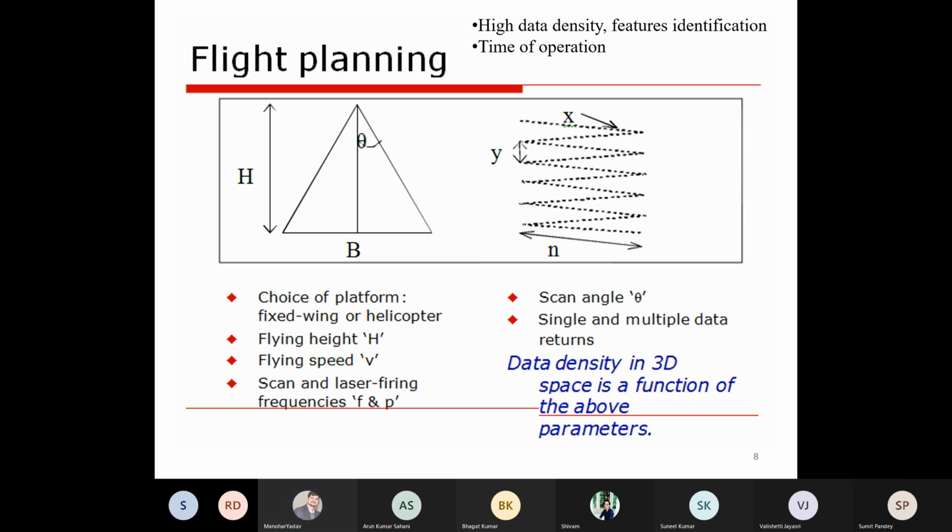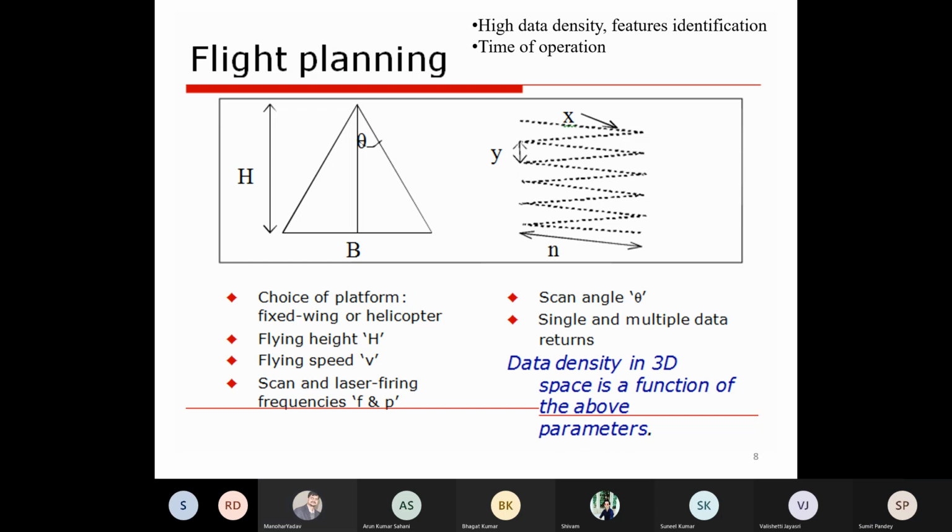If you remember the formula for line density along the scan line, it is derived as number of points per scan line divided by scan rate. Am I correct? Yes, sir. So this is the standard formula.